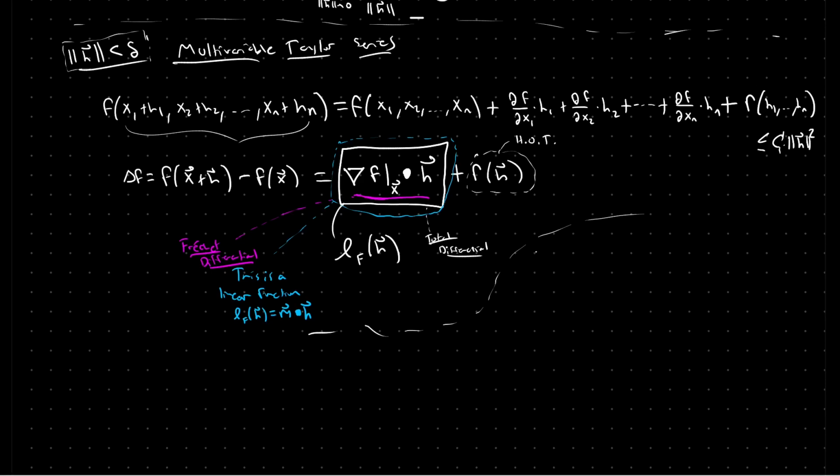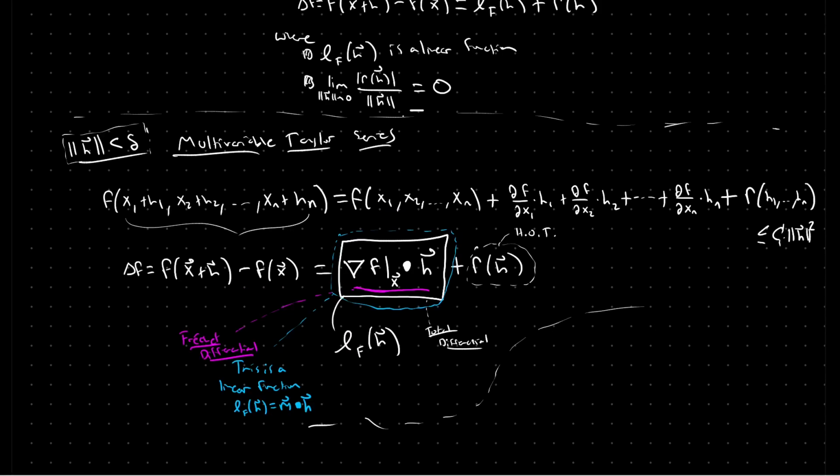We have that the remainder over the norm of h has to go to 0, which means that for all epsilon greater than 0, there exists a delta greater than 0, such that if the norm of h, the size of h, is less than delta, then the absolute value of r of h over the norm of h must be less than epsilon.